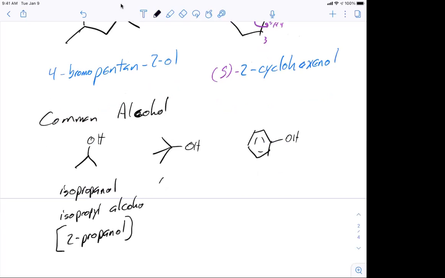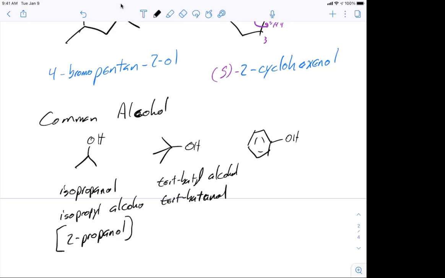Here we have tert-butyl alcohol, or tert-butanol, right?